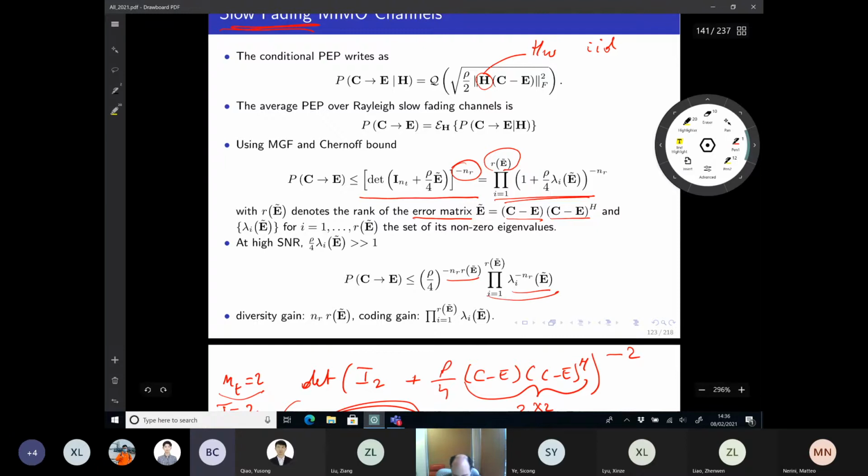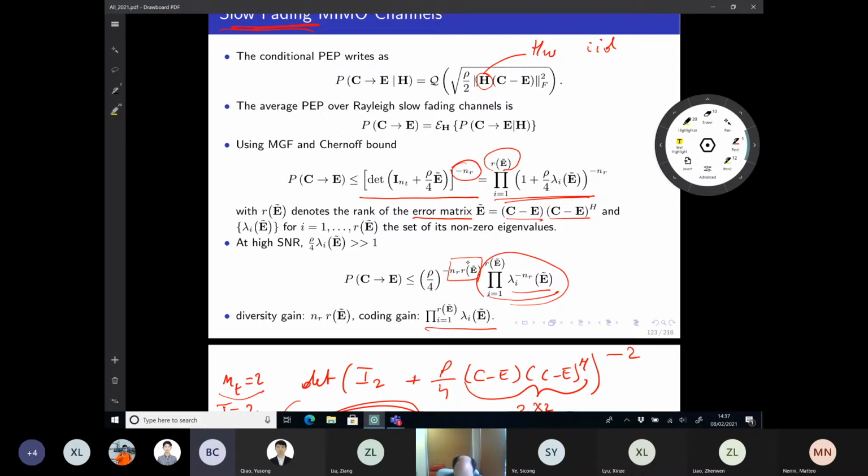And then I have a term that is a function of the eigenvalues of this error matrix. Right? So what you want is to make sure that this exponent is as large as possible, and that this term, the product of the eigenvalues, is also as large as possible.